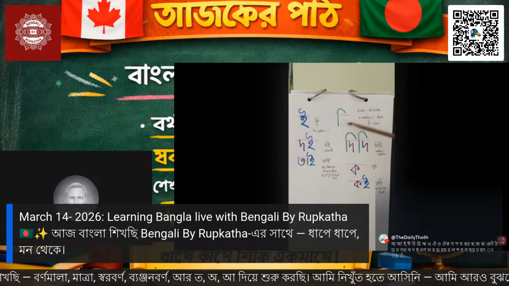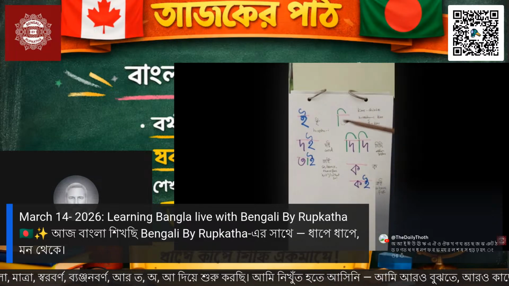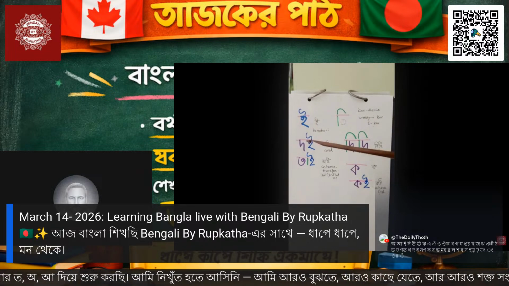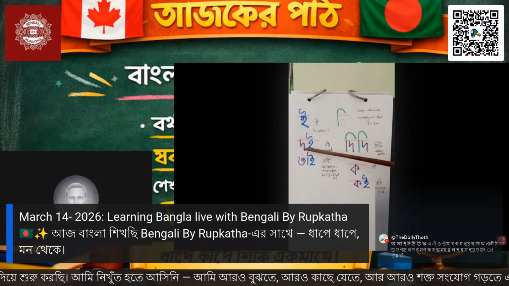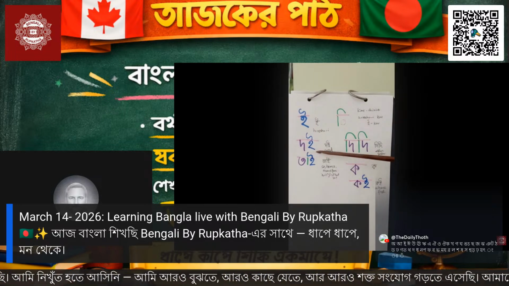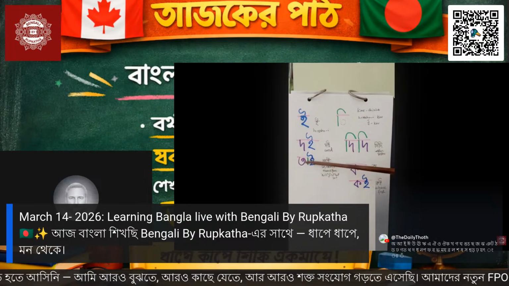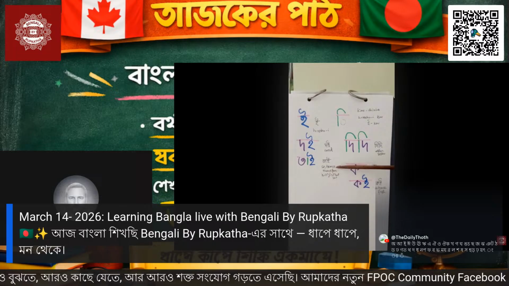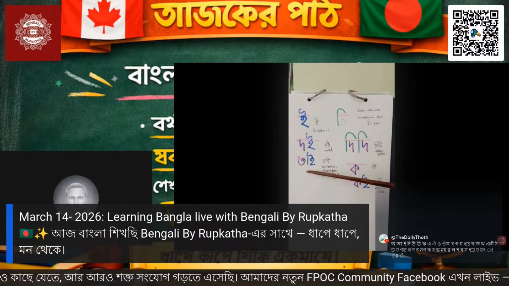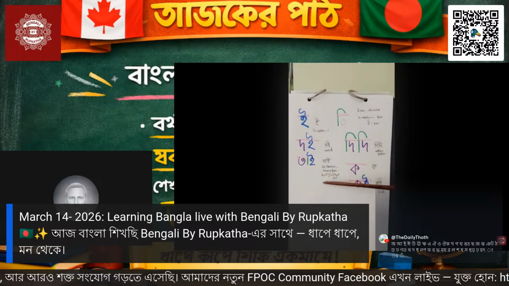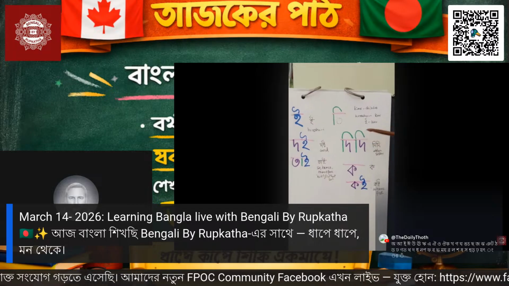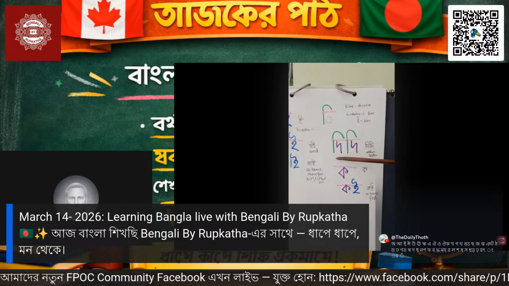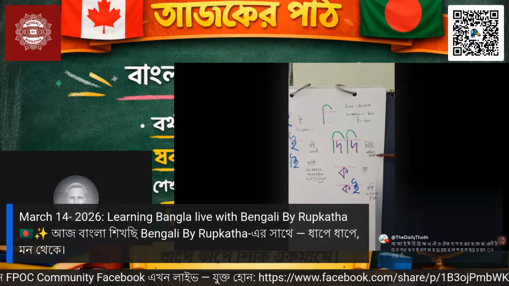Rasho Ikar, it's called, which is the kar chinno of Rasho I. Then we did a word, do and I, doi, which means curd. Toi akar Rasho I, which is tai, which means so, hence, therefore, or if you use it as a question, tai, which means is it or is that so? And using Rasho Ikar and the, we did a word, Didi, which means elder sister.